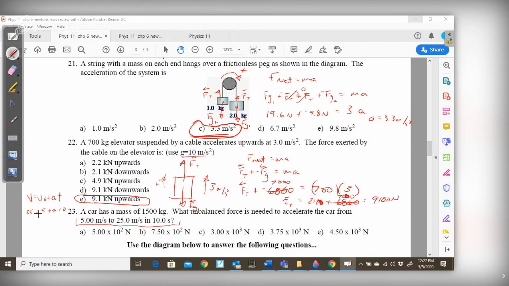So we have 25 minus 5 is 20. It's equal to 10a. a is equal to 2 meters per second squared. That's the acceleration. And so our F net is going to be equal to our mass times our acceleration. So that's equal to 1,500 times our acceleration of 2. So that's equal to 3,000 newtons. And so that's going to be answer C.